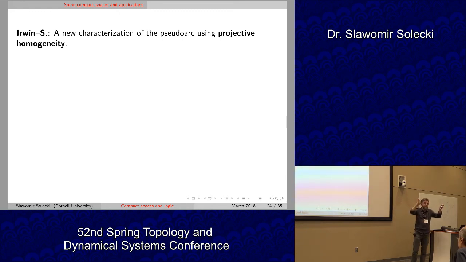I mentioned this, it is the projective ultra-homogeneity of the Fraïssé space. And then it immediately gives you a certain type of homogeneity of the pseudo-arc. It turned out this homogeneity characterized the pseudo-arc among chainable continua. So this was something nice to get.